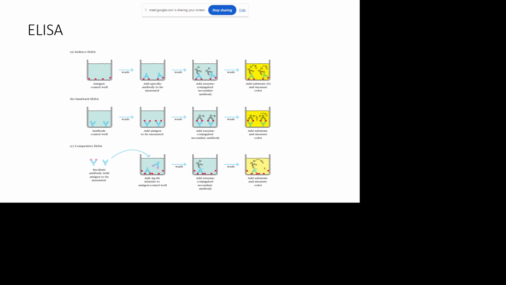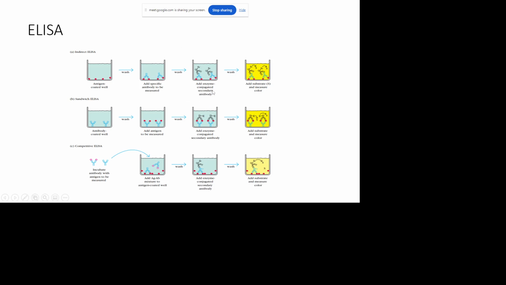In indirect ELISA, the well is coated with antigen, then after washing to remove all the unbound antigen from the well, you add the specific primary antibody, whose concentration has to be measured.